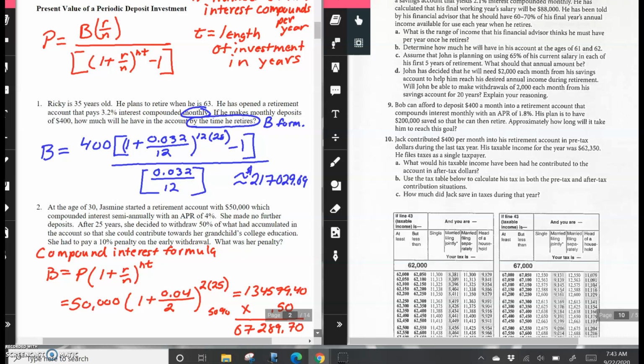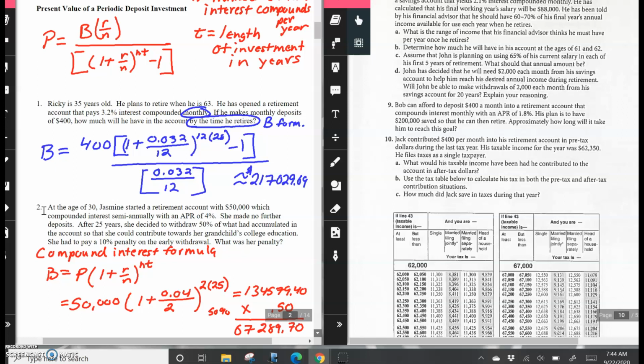All right, so we have $400 as your investment each month. So that's P. 1 plus 3.2% as a decimal is 0.032 divided by 12 because it's compounded monthly, and we raise that to N. N is the number of times it compounds per year, which is 12, once a month, times T. All right, 35 years to 63 years is 28 years.